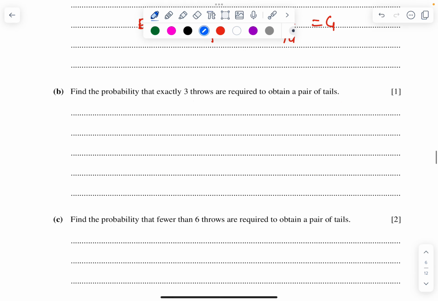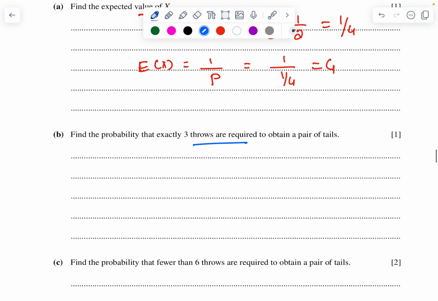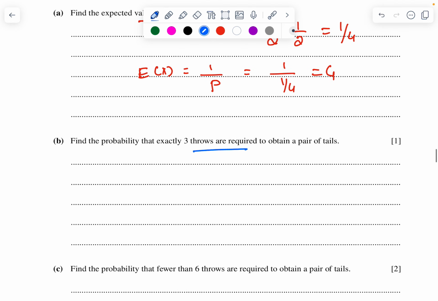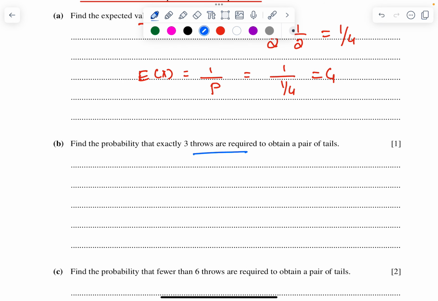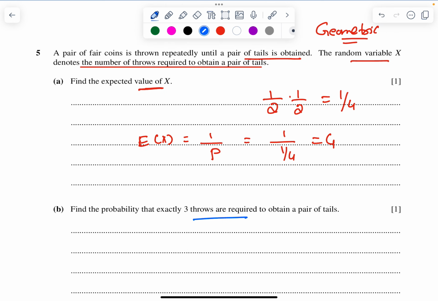Find the probability that exactly 3 throws are required to obtain a pair of tails. For that, what am I going to do? I am going to use the geometric progression method over here.